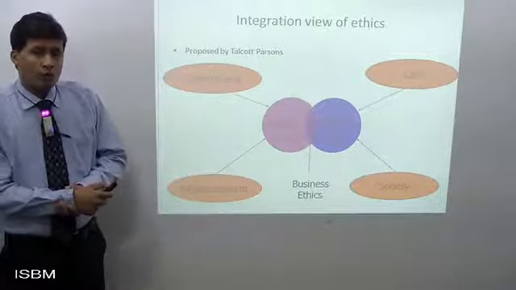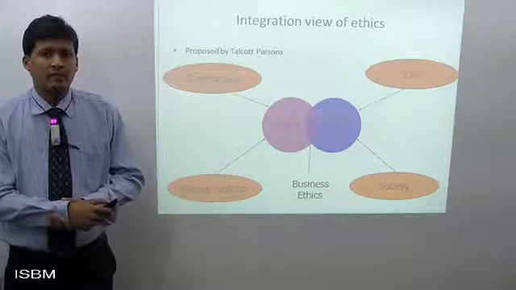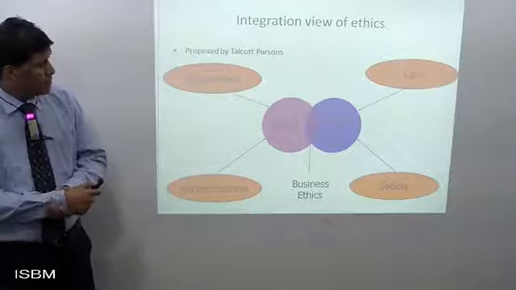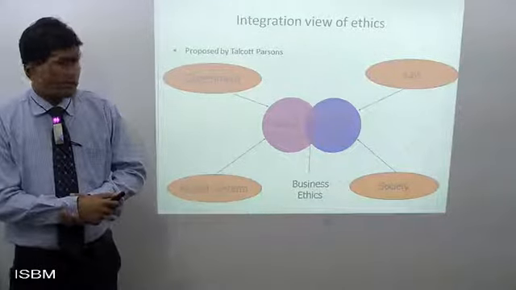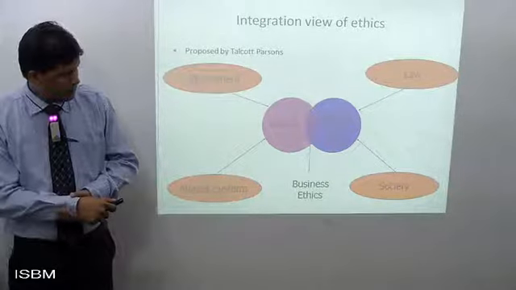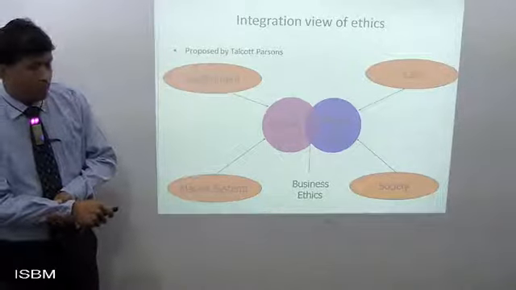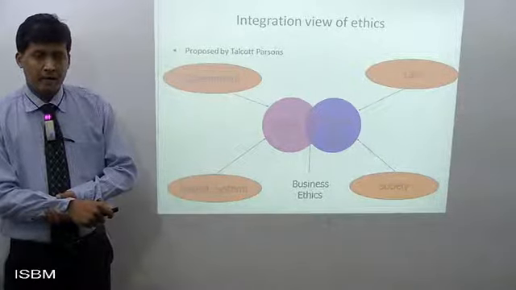Now we are more interested in how we integrate these two views, proposed by Talcott Parsons. How are we going to integrate? This is a good slide to look into. On the left hand side, the purple block is represented by business.